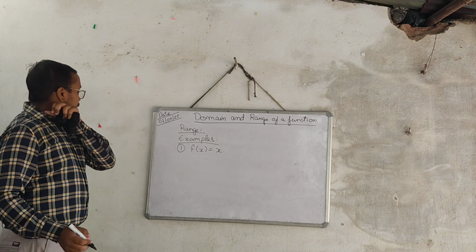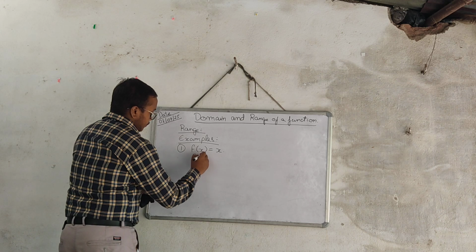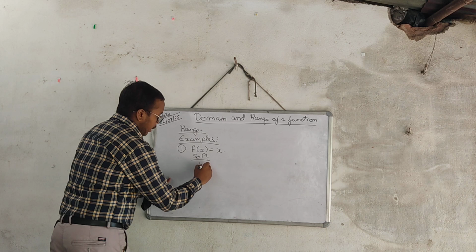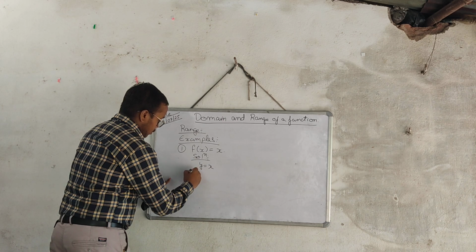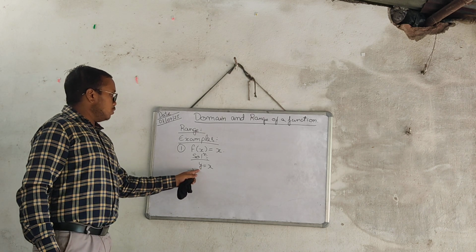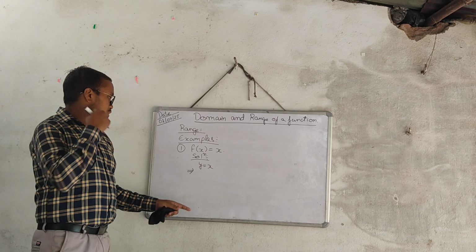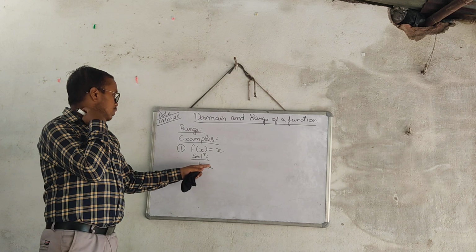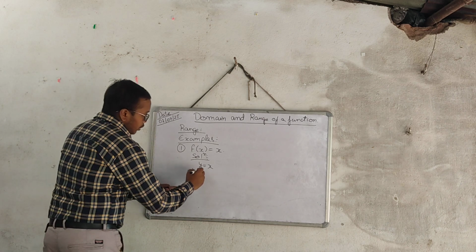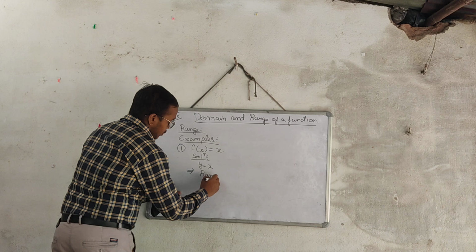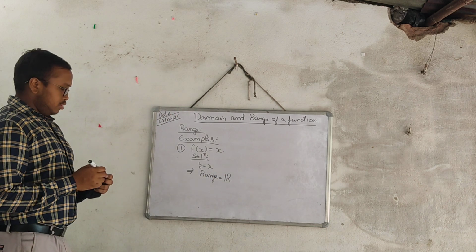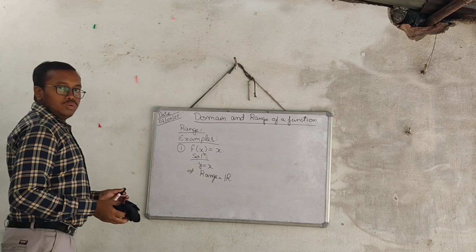To find out the range, we consider f(x) to be y equal to x. Now here we see that whatever value of x we put, it is defined for all the values. Whatever value of x we get, that will be the image of f(x). So here range will be equal to the set of all real numbers. Is it clear? Okay. Now we'll do one more example.